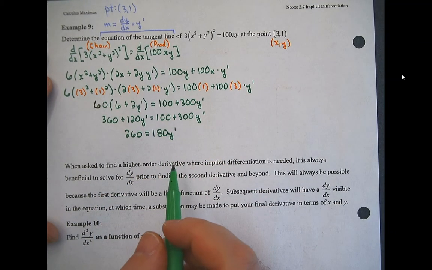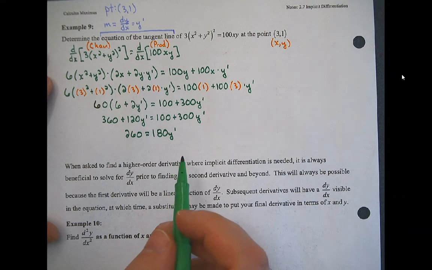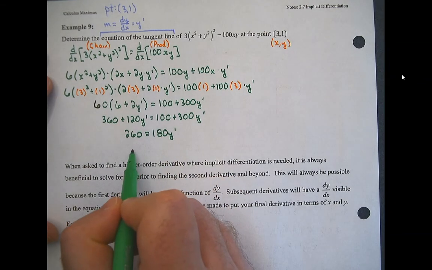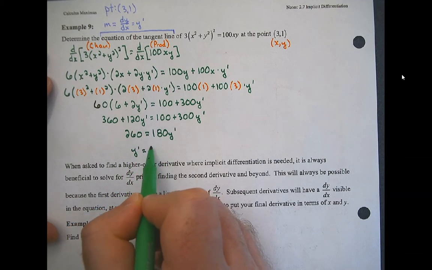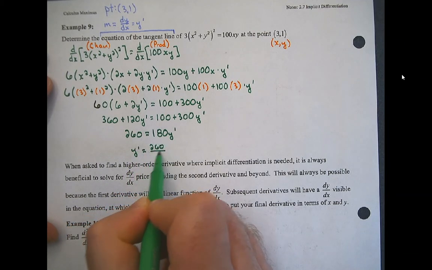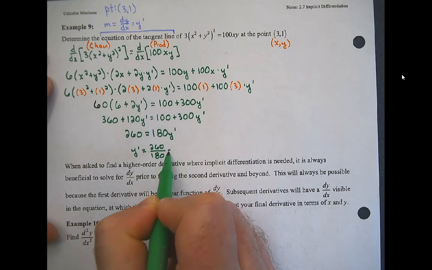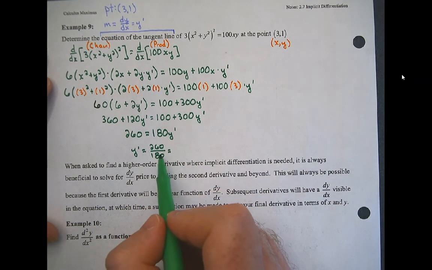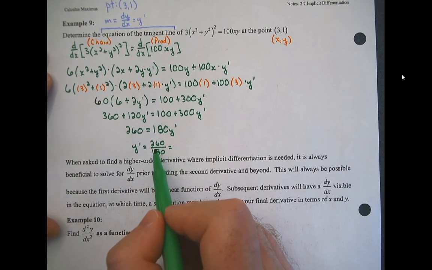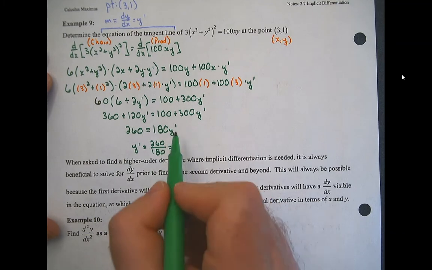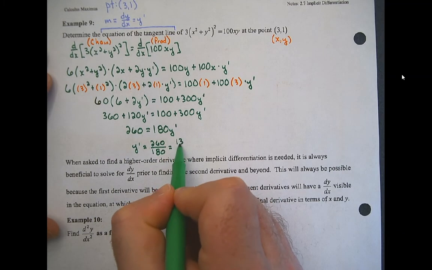Which means now I can divide by 180. I get y prime equals 260 over 180. Kill off the zeros. Then that's just 26 over 18. Let's divide that by 2. So that would be 13 over 9.